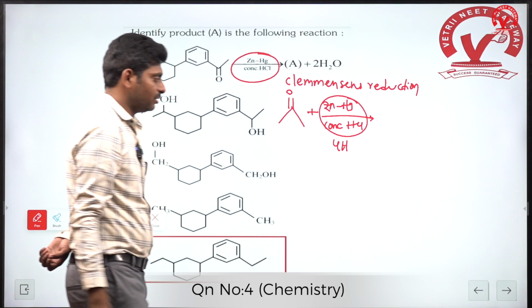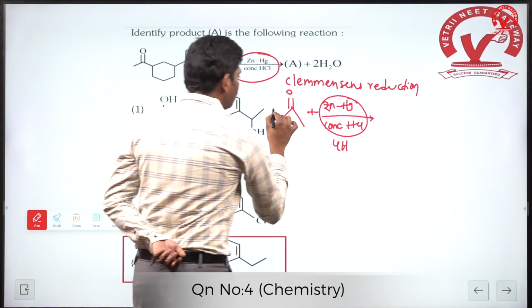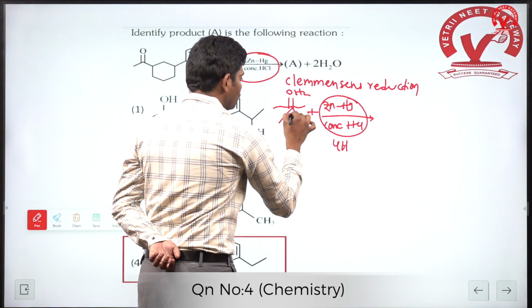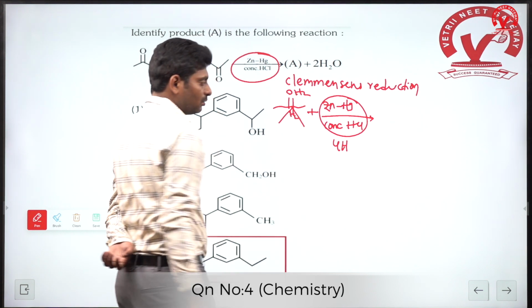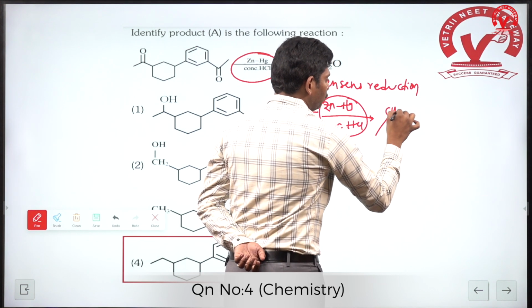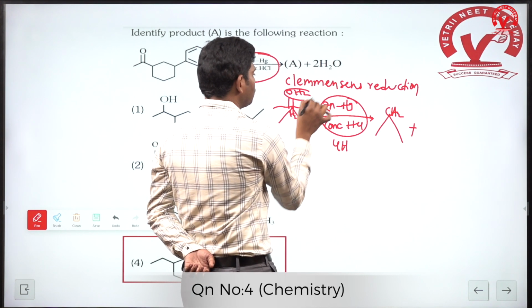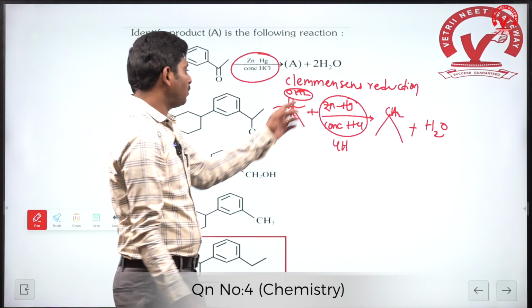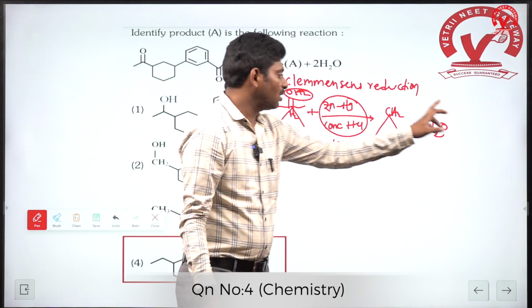So the bond will be broken. On this side H2 will come, here also H2 will come. So it converts like this: CH2 plus H2. So the carbonyl compound converts into CH2 plus H2.